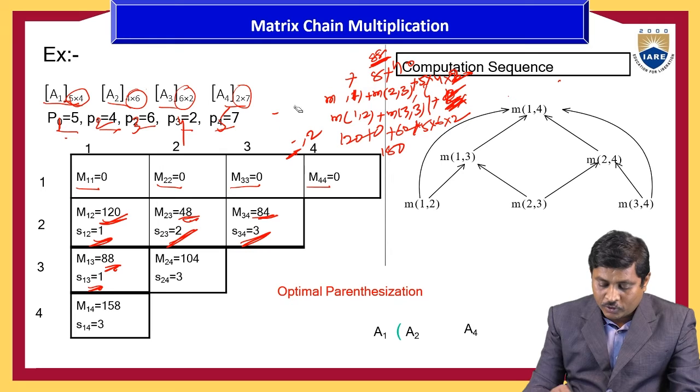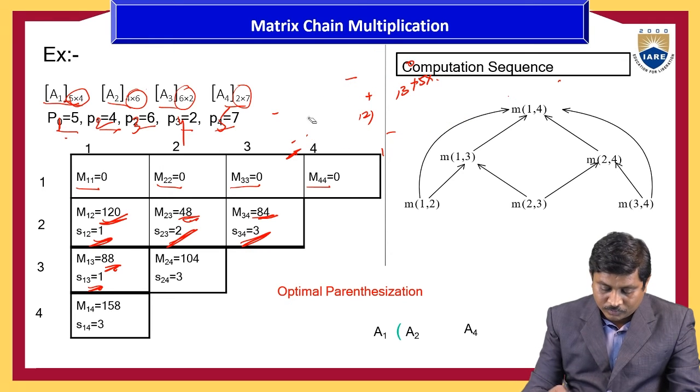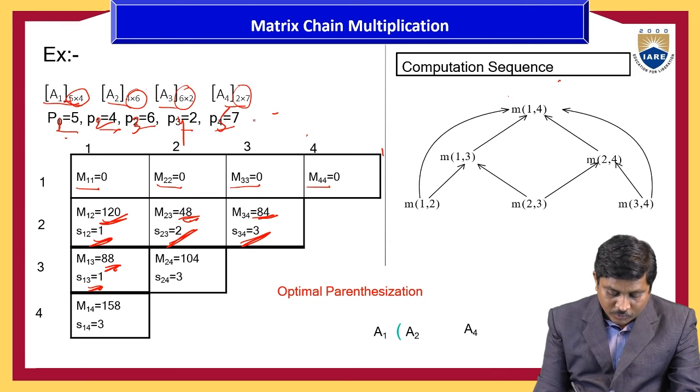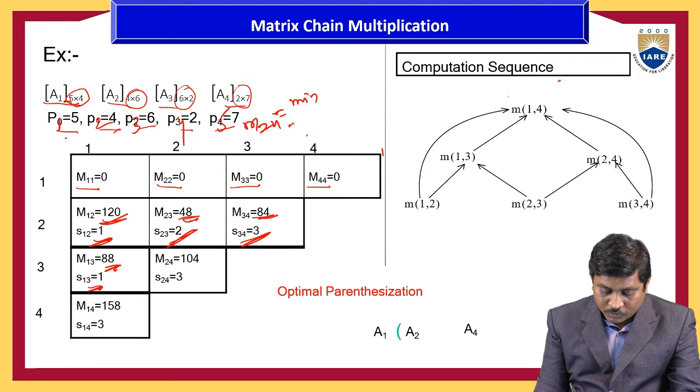Next, M24 equal to minimum, 2 less than or equal to k less than 4. So k equal to 2 or 3.